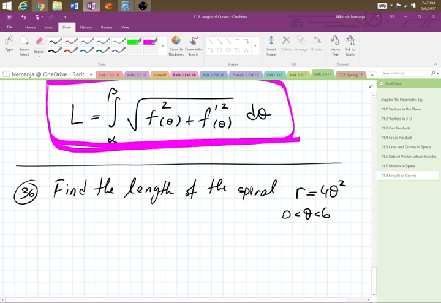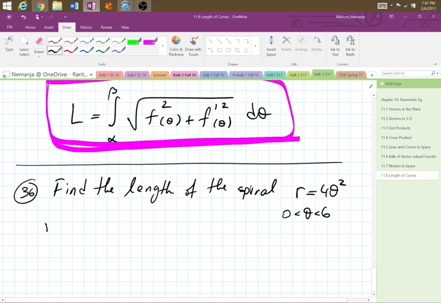So we know that this f is r, right? F is 4 theta squared. And what's f prime? 8 theta.